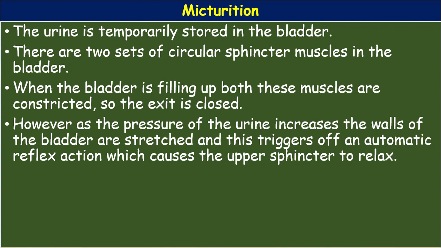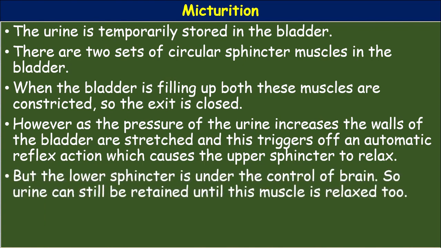However, as the pressure of the urine increases, the walls of the bladder are stretched and this triggers off an automatic reflex action which causes the upper sphincter to relax. But the lower sphincter is under the control of the brain, so urine can still be retained until this lower sphincter muscle is relaxed.